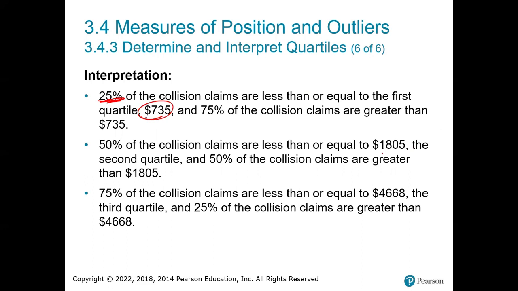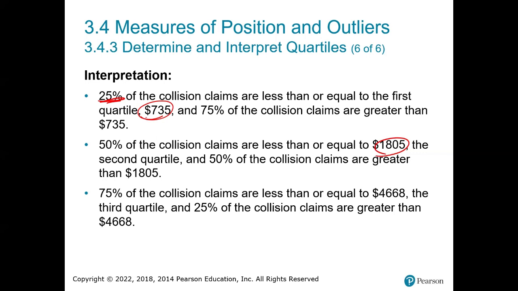Our median was 1805, so 50% are going to be lower than that and 50% are going to be greater than that value. Our Q3 value was 4,668. So that is 75%. So 75% are going to be lower than that value, and 25% are going to be higher than that value.